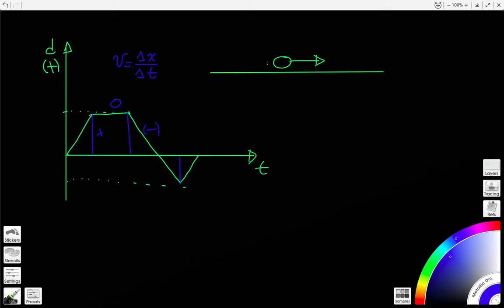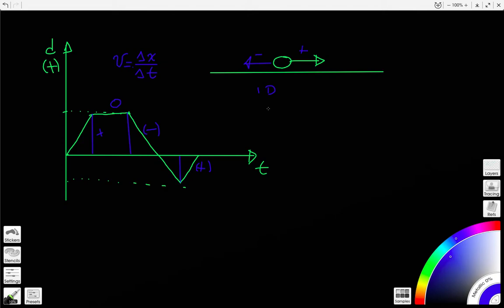Because we are actually moving backwards, correct? So this indicates negative, and this would indicate positive. And finally, from this point up until this point, we have a positive velocity again. So remember, when we're moving on a plane, in one-dimensional movement, even though I'm not giving you the angle of the vector, the angle is implicit in the sign.